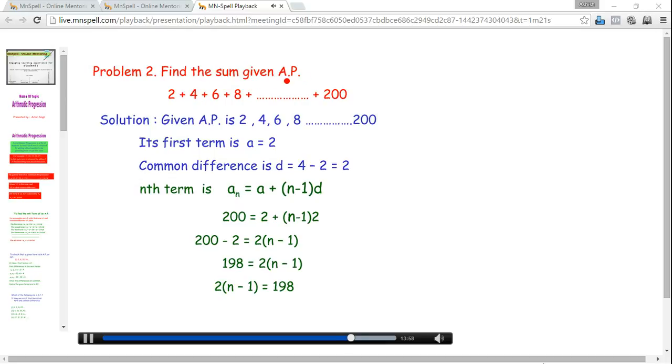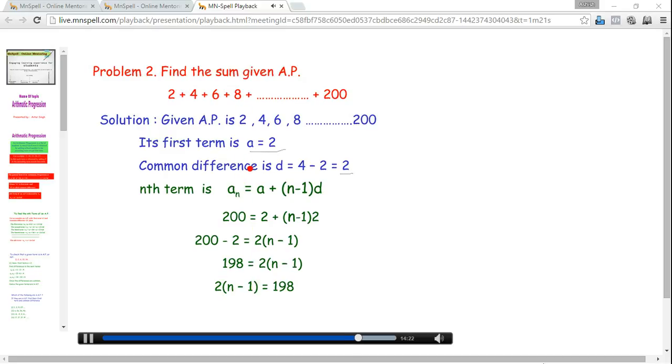Okay, find the sum of an AP series. You are given the AP series as 2, 4, 6, 8 and the last term is 200. We have to find the sum of the AP series. We know the first term is 2, and the common difference is the second term minus the first term, that is again 2. Since we know the last term, we first have to find how many terms there are.